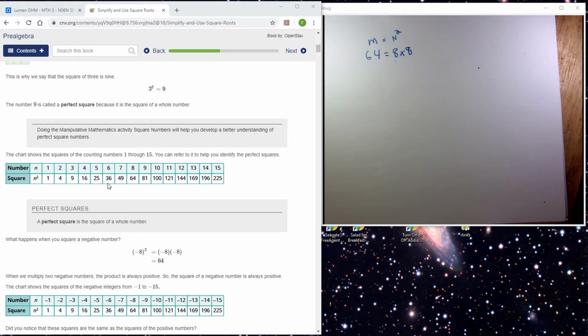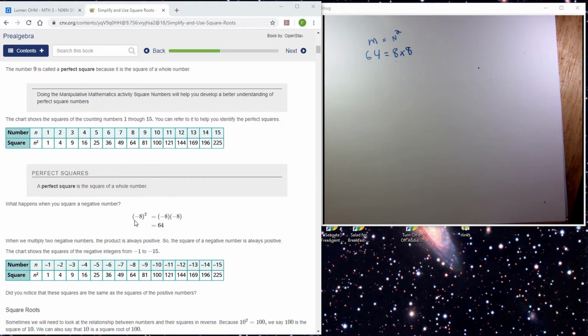An example here: negative 8 squared is the result of multiplying negative 8 by negative 8. Notice that anytime you multiply two negative numbers, the product is always positive, because remember, we talked about the rules of multiplication.